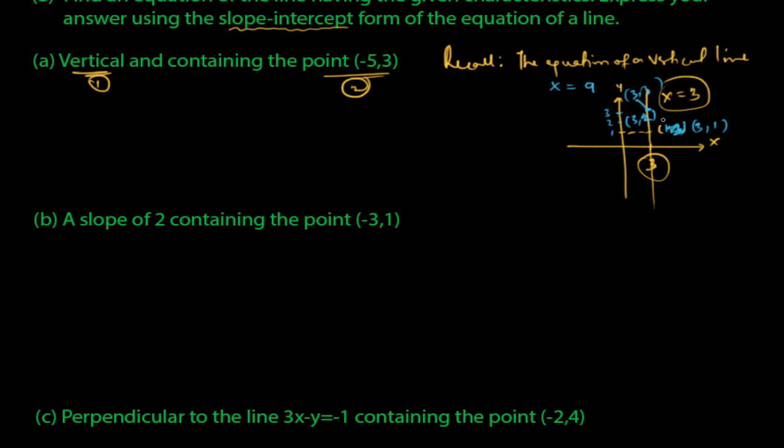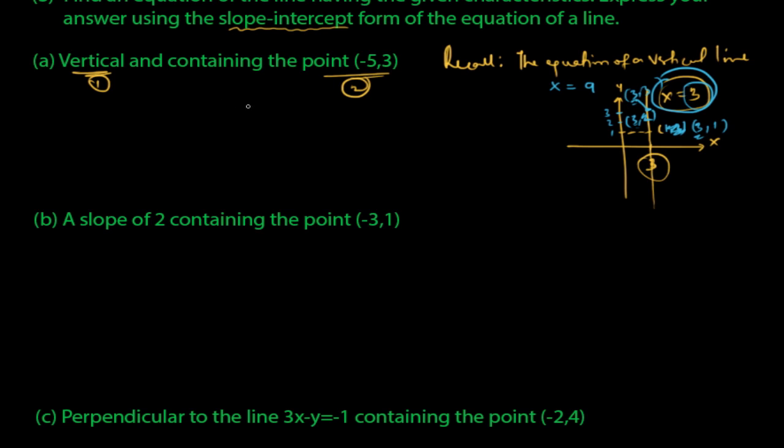In other words, all the x coordinates are the same. So that is to say, if I'm told a vertical line passes through a point and I'm already given the x and y coordinates, then it simply implies that the equation of the line is x equals the x coordinate of that point that it passes through.